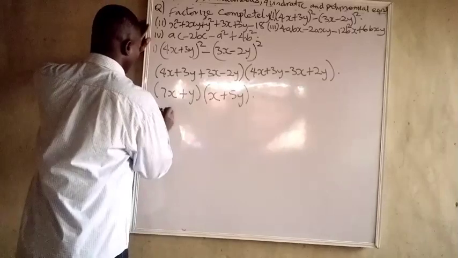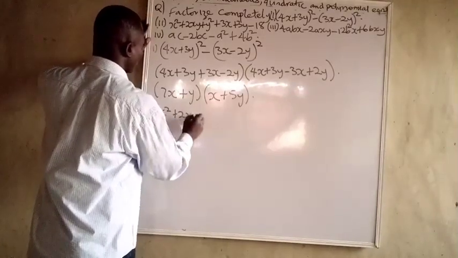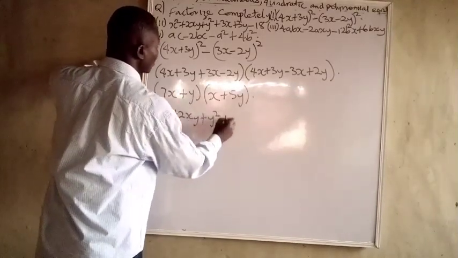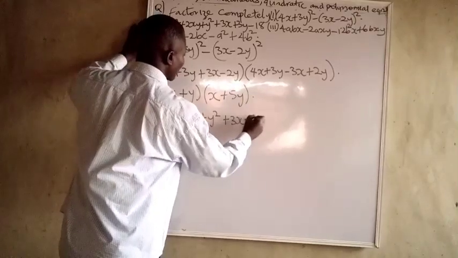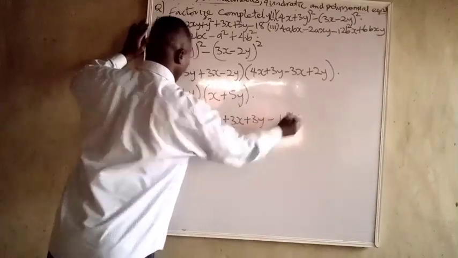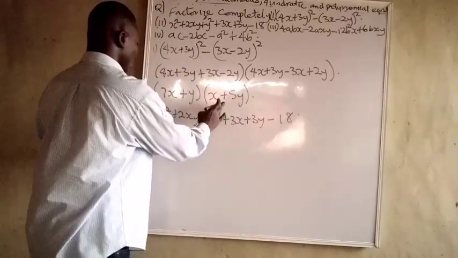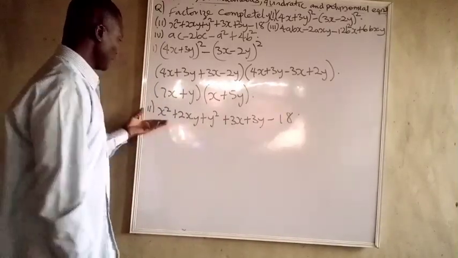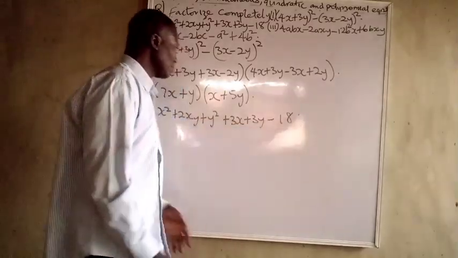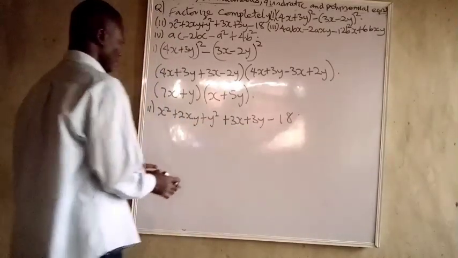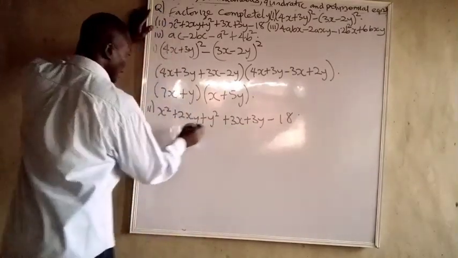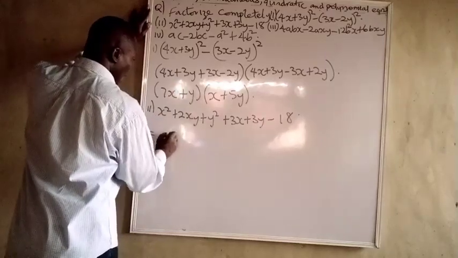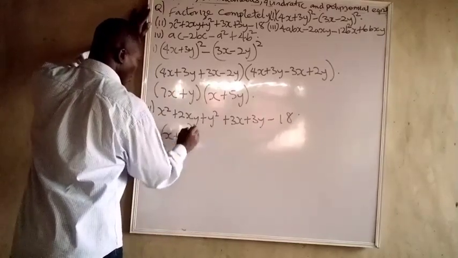So we have x squared plus 2xy plus y squared plus 3x plus 3y minus 18. If you look at this, it gives us a perfect square, which is x plus y all squared.